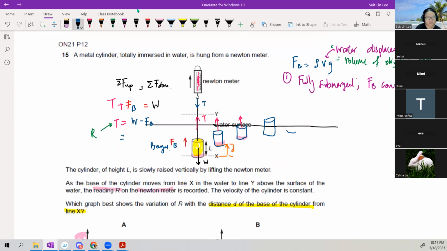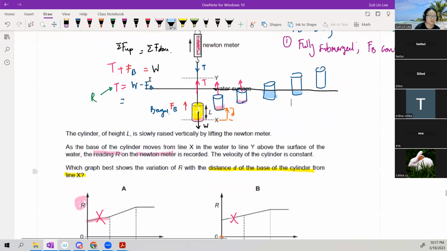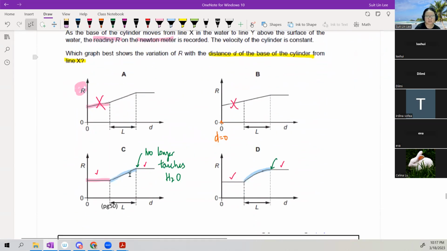I apologize if their sizes don't look the same. Let me draw them a bit different. So it slowly leaves the water surface, and in this section, you can see that the volume of the water displaced is less and less until 0. So the only question is, do you think it's a straight line or do you think it's a curve?